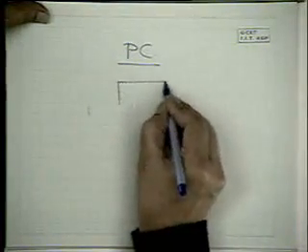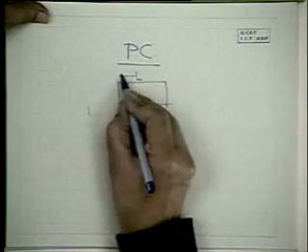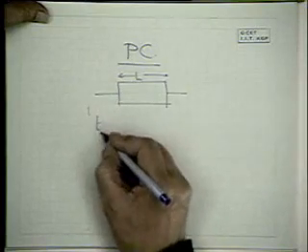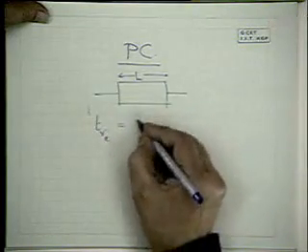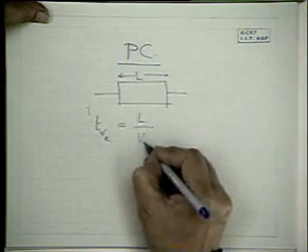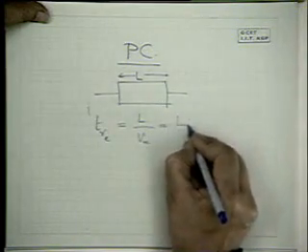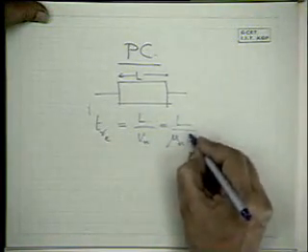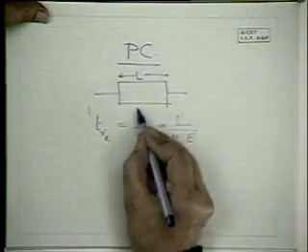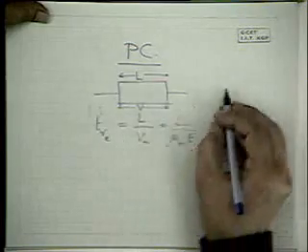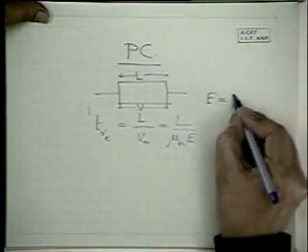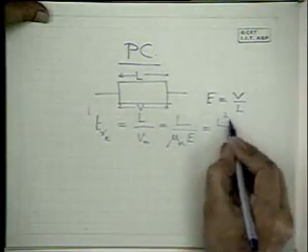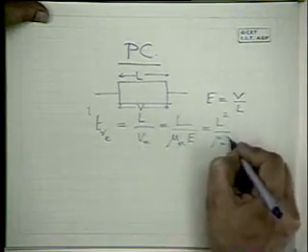As we've seen, if the length of a photoconductor is L, the transit time, say for electrons, is L by v, and v is nothing but mu into E. If the applied voltage is V, then E is equal to V by L, and therefore we get the relation that the transit time is L squared over mu V.